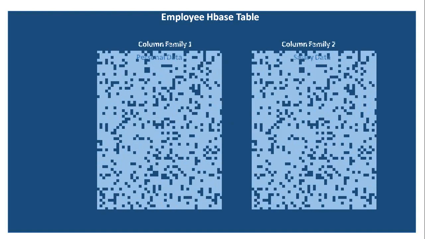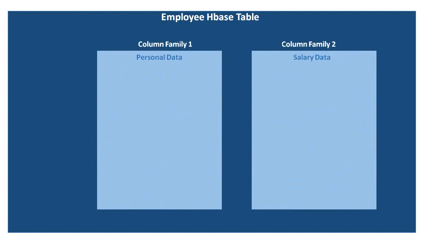In column-oriented databases, generally the data will be stored as different column families. Instead of storing the data as different tables, the entire table data will be stored as different column families. A column family is a group of columns.